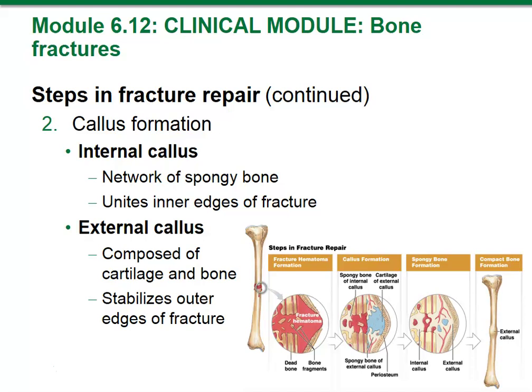Again, the majority of that diaphysis is compact bone, but right on the interior is this layer of spongy bone. And then you form an external callus composed of cartilage and bone that stabilizes the outer edge of the fracture. So this shows the cartilage of the external callus in the picture. This shows the internal callus.